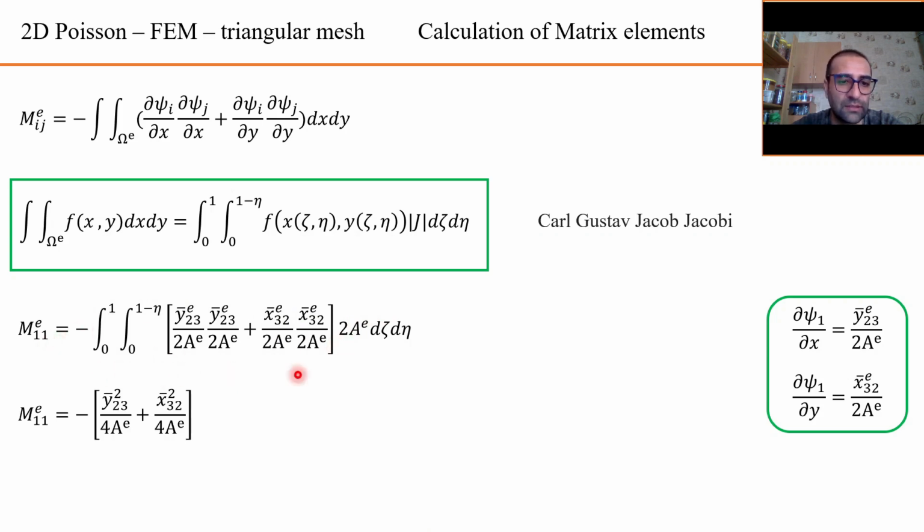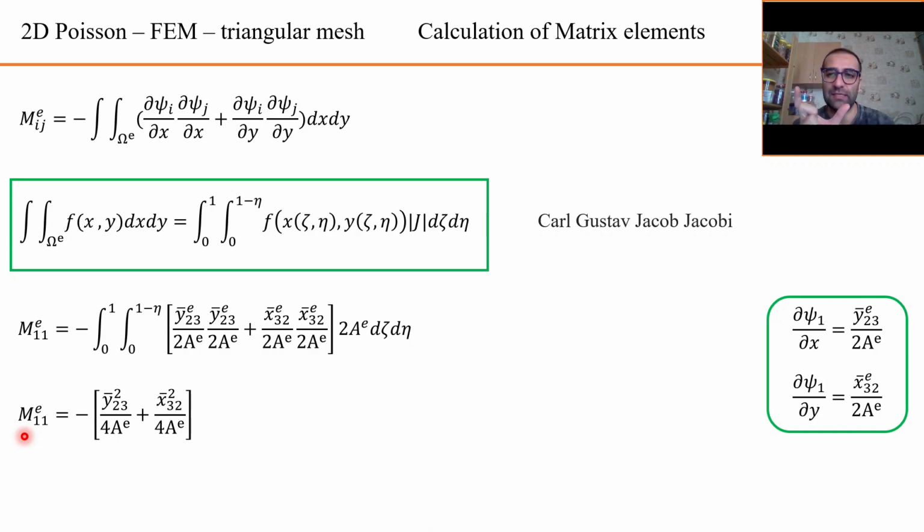If you calculate this double integral, you see that m11 has such a relation, and we see that m11 is a function of the area of the element and the coordinates of the element. You remember in one dimension when we derived the matrix, it was a function of the length of the element, because we were in one dimension.